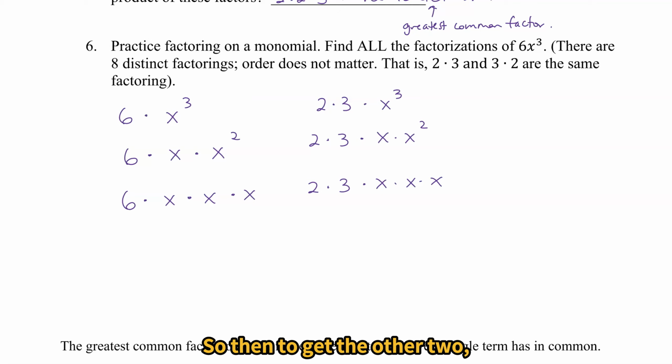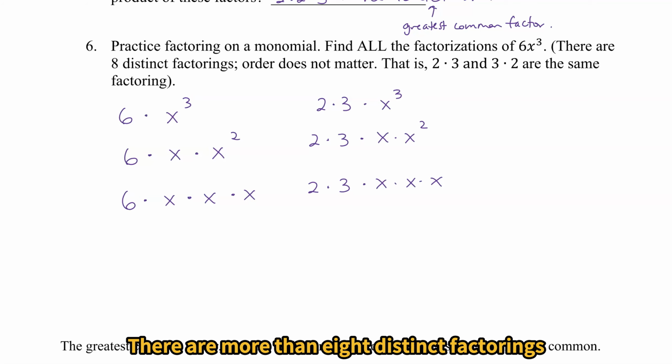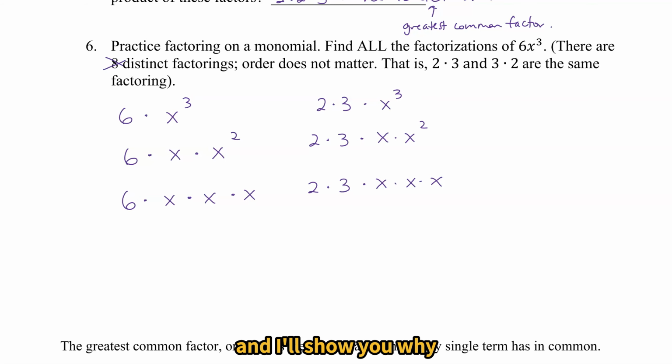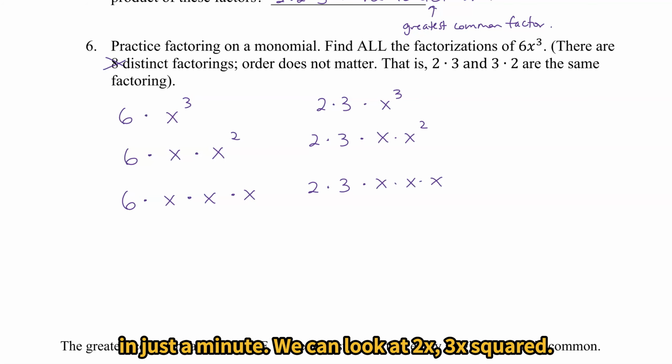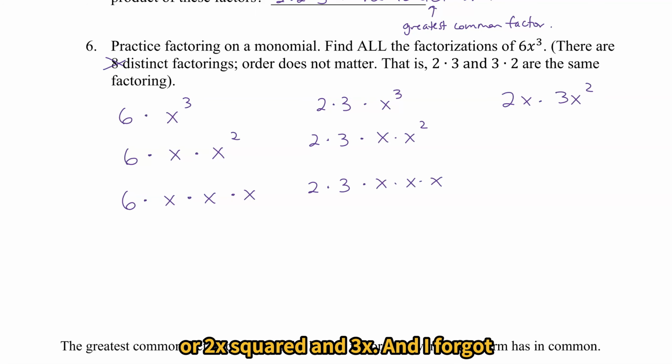So then to get the other 2, actually, I take that back. There are more than 8 distinct factorings, and I'll show you why in just a minute. We can look at 2x and 3x squared, or 2x squared and 3x.